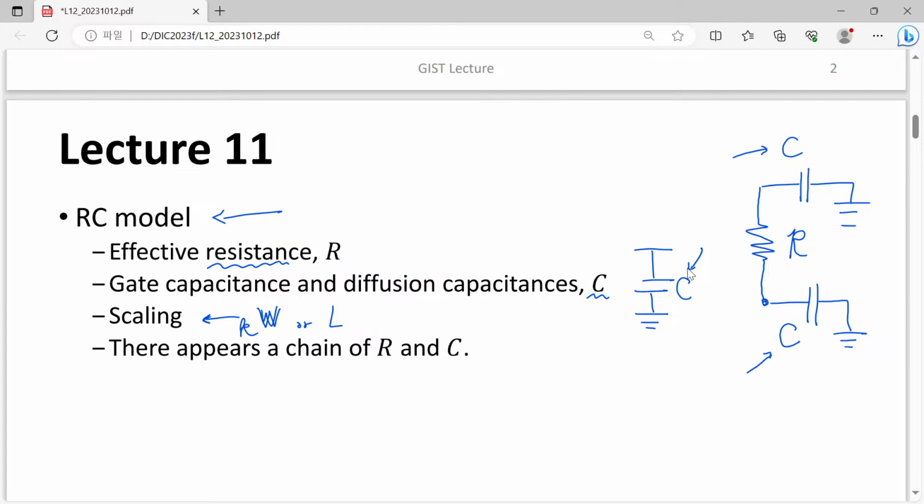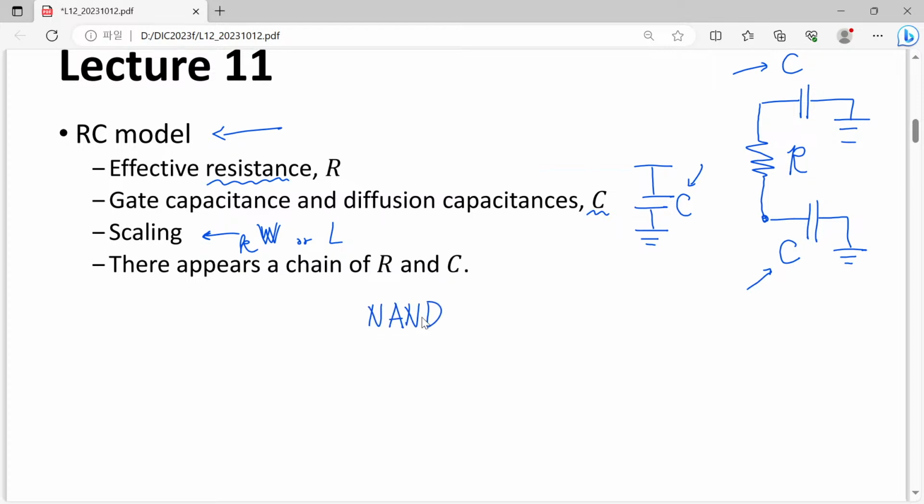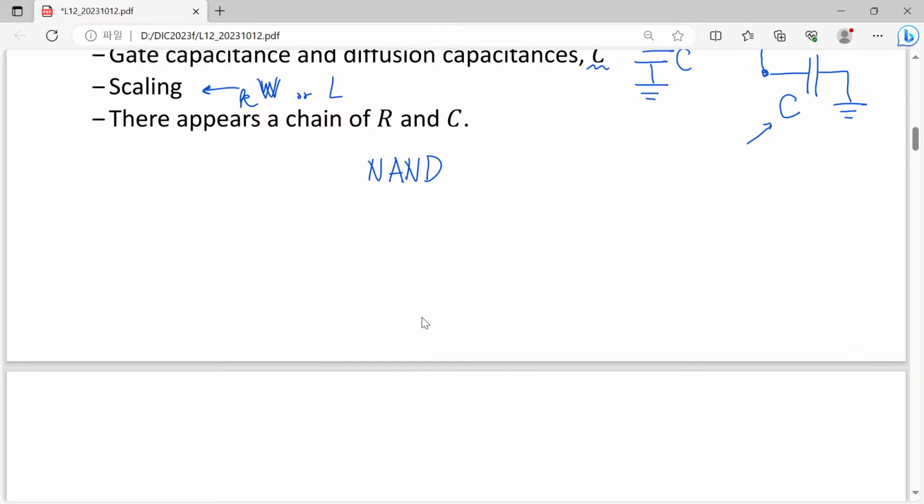After that we considered, for example, a 3-input NAND. In the case of a 3-input NAND, the pull-down network can be drawn in this way. There is a chain of 3 transistors.